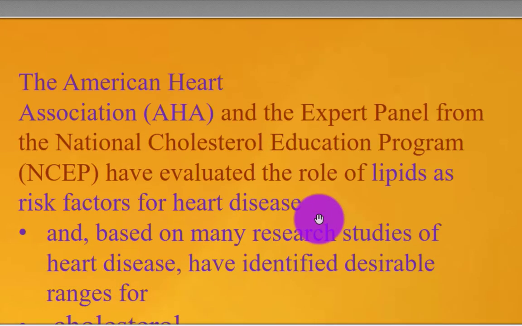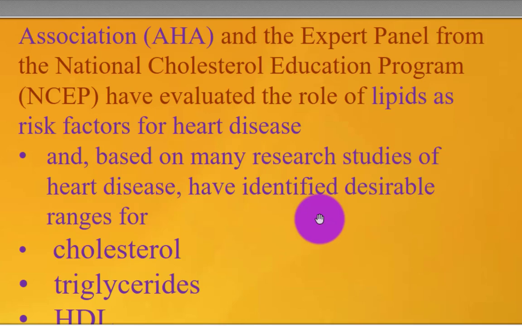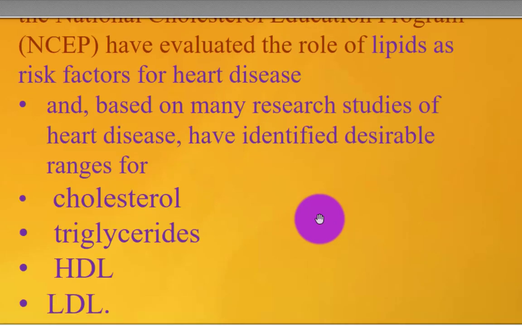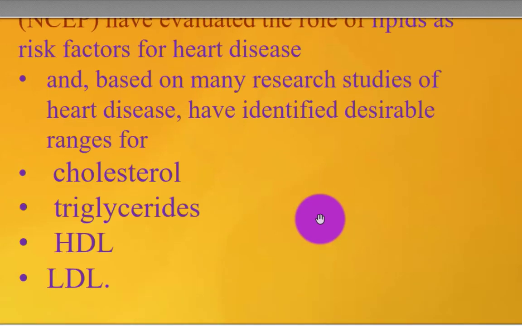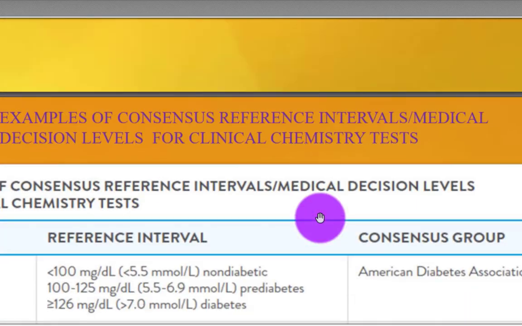The American Heart Association and the expert panel from the National Cholesterol Education Program have evaluated the role of lipids as a risk factor for heart disease, and based on many research studies of heart disease have identified desirable ranges of cholesterol, triglycerides, HDL, LDL.